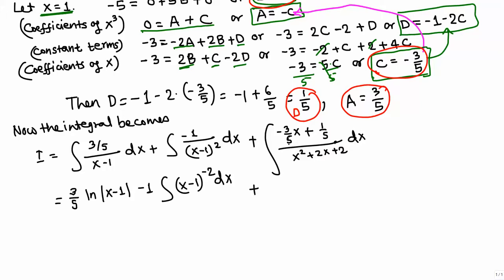negative 3/5 x plus 1/5. To find this integral there are several ways possible. So let's factor negative 3/5 outside. Okay, if we factor negative 3/5 outside, the bottom is x squared plus 2x plus 2 dx. Then what is left here?